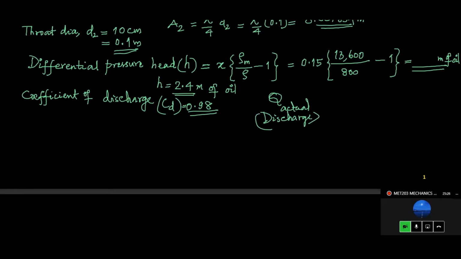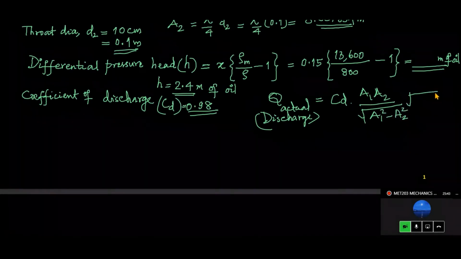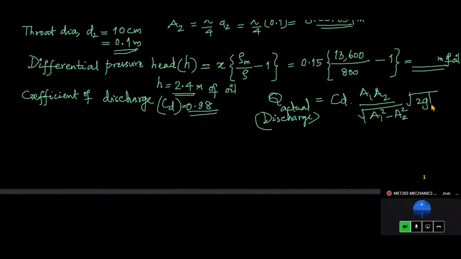That is CD into A1 A2 divided by root of A1 square minus A2 square into root of 2GH. So use this equation carefully and get me the value of Q actual.